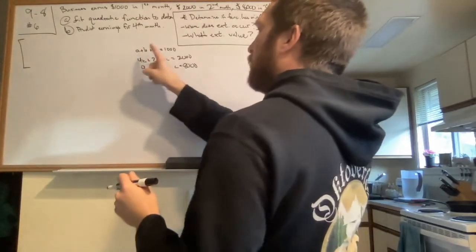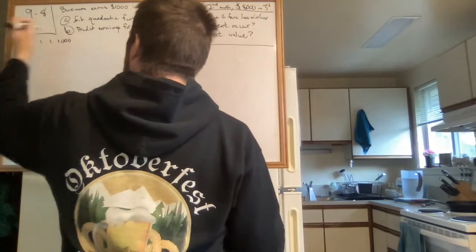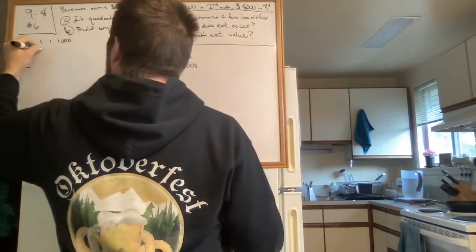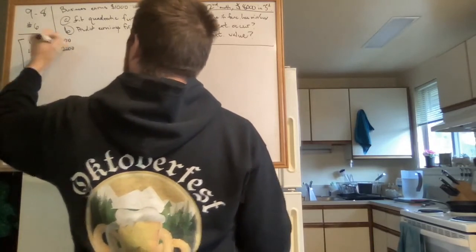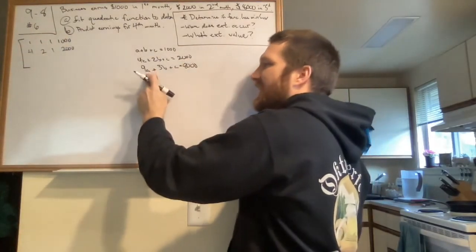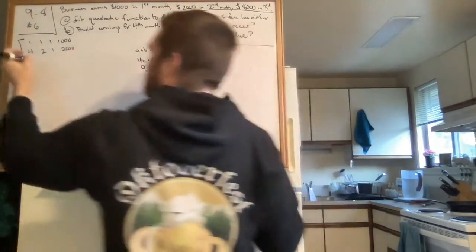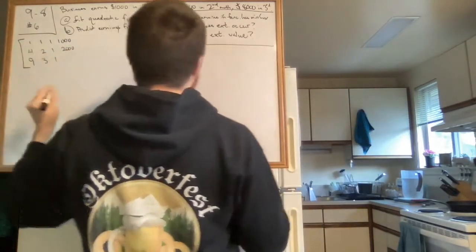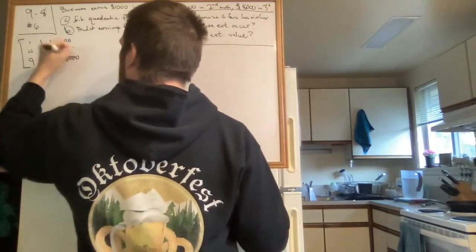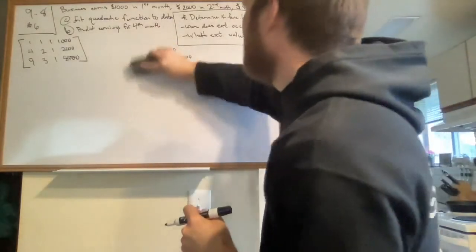It's going to be 1, 1, 1, 1,000, then 4, 2, 1, 2,000, and then 9 A's, 3 B's, 1 C, so 9, 3, 1, 8,000.